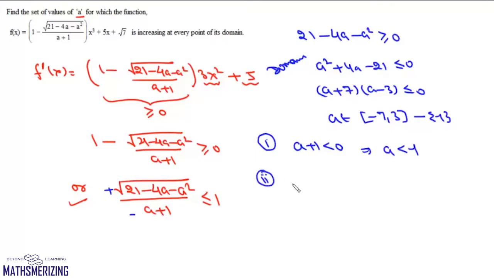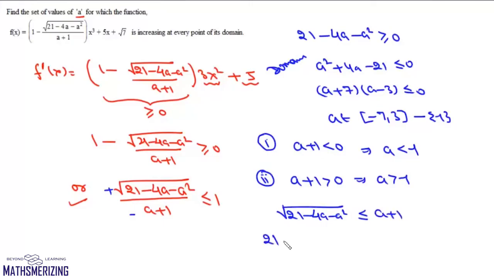Now for the second case, when a plus 1 is greater than 0, that is, when a is greater than minus 1, both the expressions are positive. So if we cross multiply, we can write 21 minus 4a minus a square is less than or equal to a plus 1.